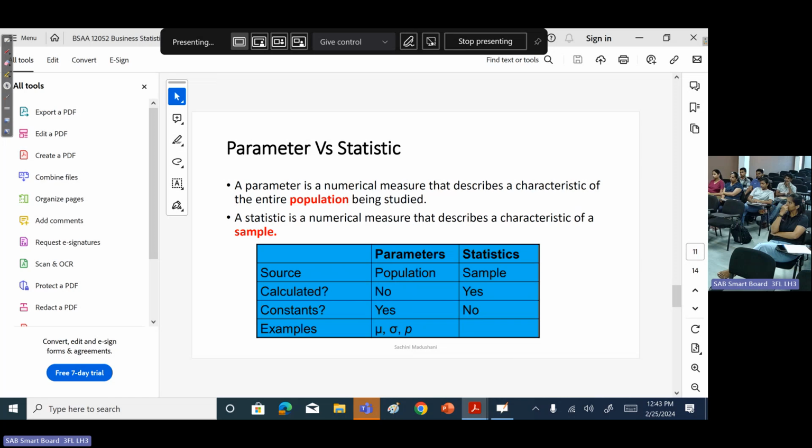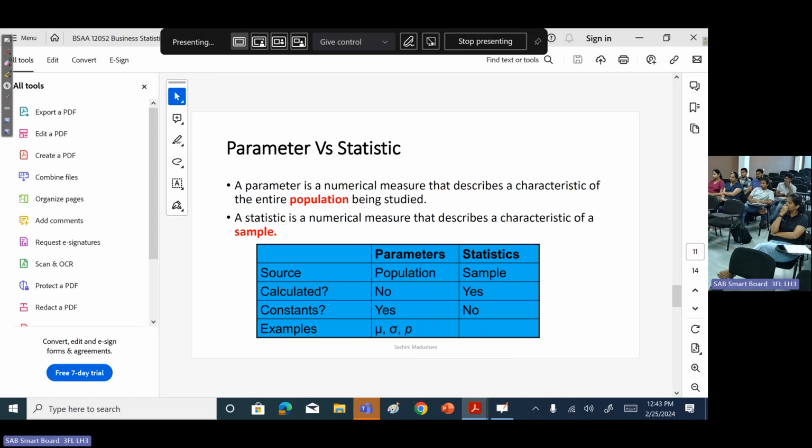Why? Because we would need to use all the individuals in the study to calculate the population mean. Practically we can't. Therefore, the population parameter cannot be calculated, but it can be estimated.